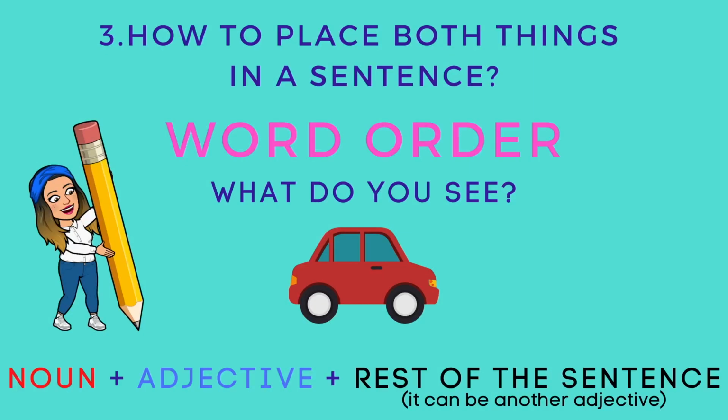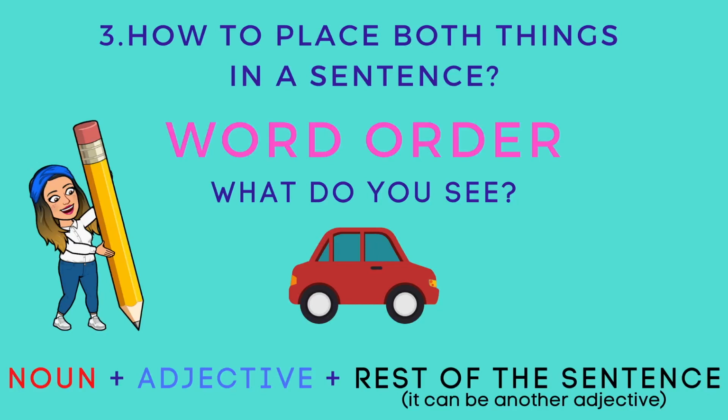Now, number 3, how to place both things, a noun and an adjective, in a sentence. So here we have our word order. Orden de las palabras when we have these 2 words in a sentence. First of all, what do you see? So here is the word order in Spanish. First, we say the noun. What is this?